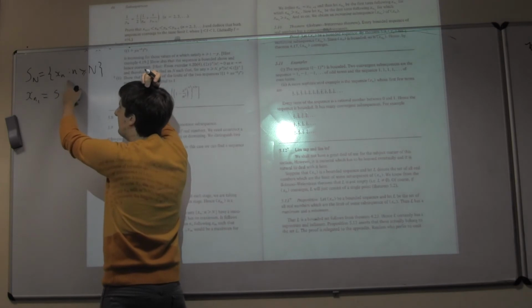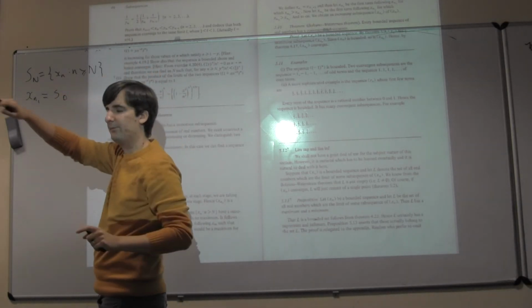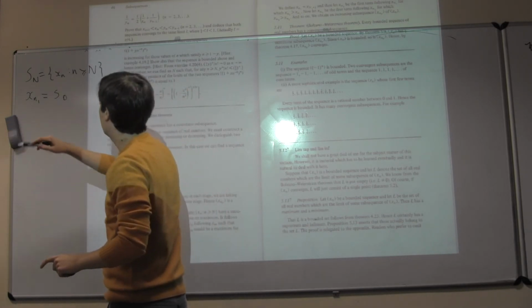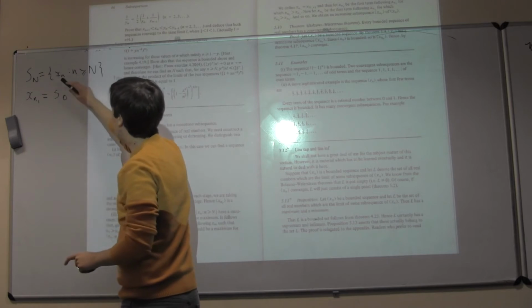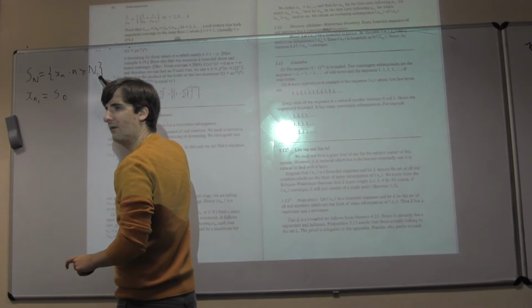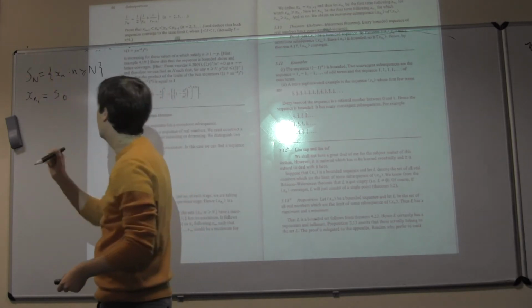So it's the maximum over every element of the sequence, over the entire sequence. S of 0 is the maximum of the values of the sequence for n bigger or equal to 0. So it's the maximum of the whole sequence. So that's as high as it possibly can be.